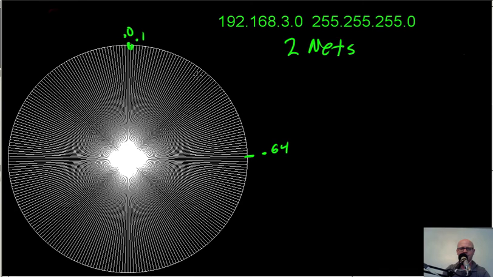So 0, 64. If you go down here, this is your 128 slice, and 192, all the way up here. Since we started at 0 and there's 256, this chunk right here will be .255.